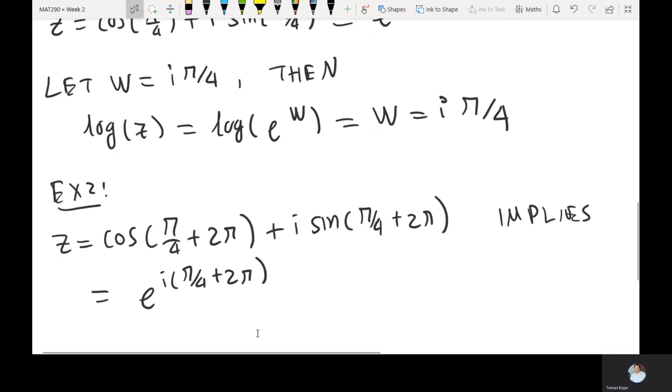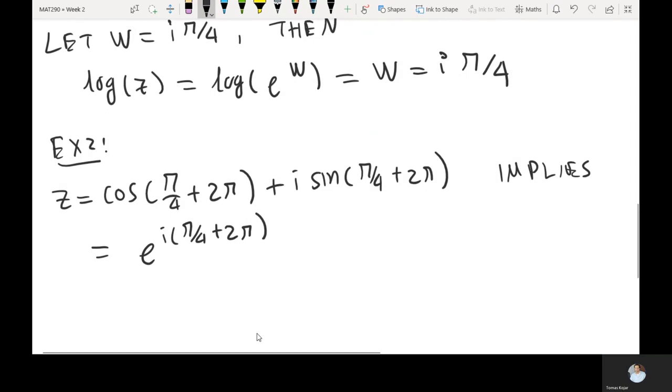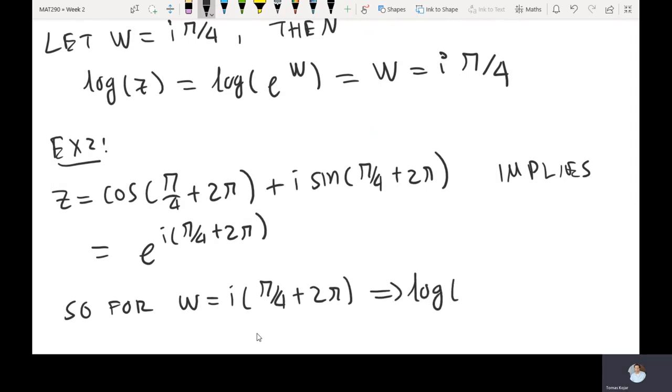So for w equal to i pi over 4 plus 2 pi, we get log of z, log of e to the w, equals i pi over 4 plus 2 pi.